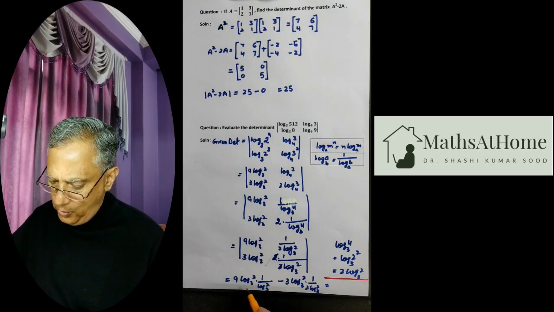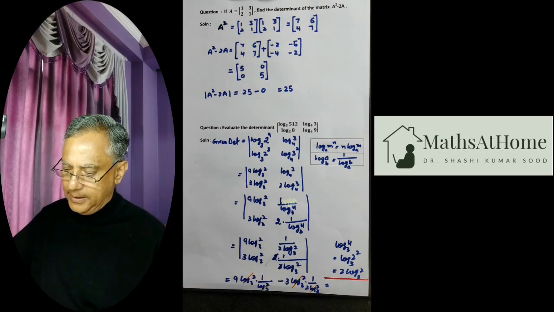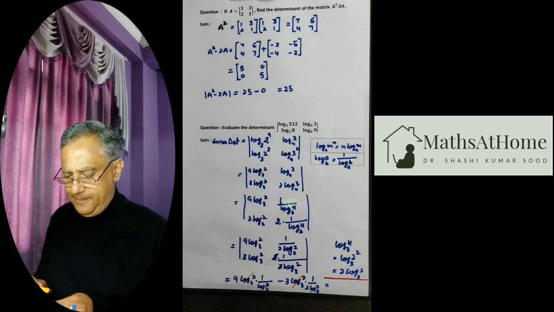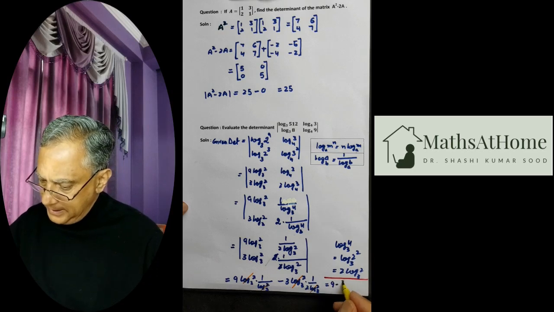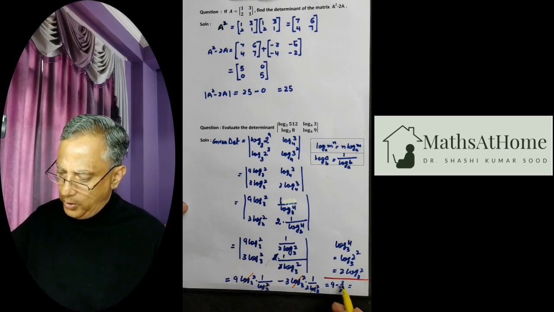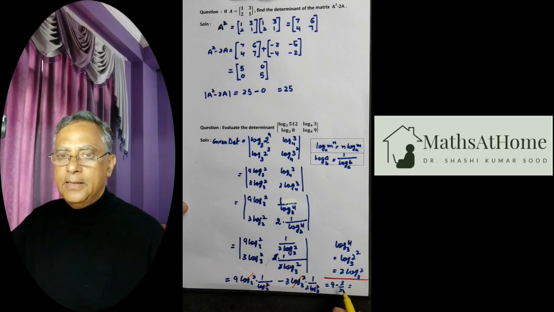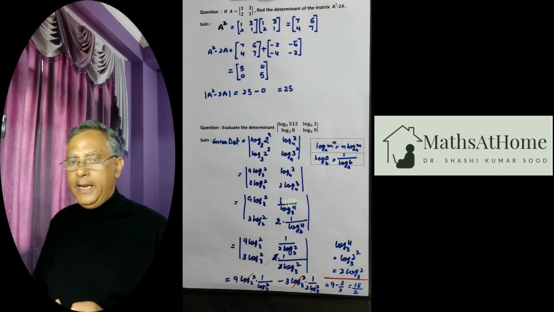Now this cancels with this and this cancels with this. So we are left with 9 minus 3 by 2, that is equal to 18 minus 3 is 15, 15 by 2. So this is the answer: 15 by 2.